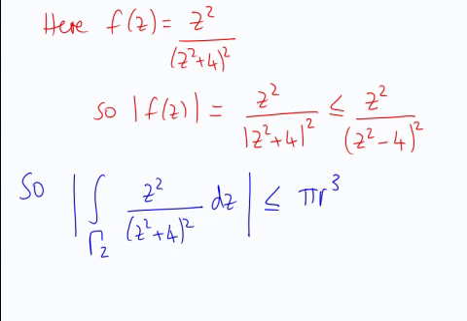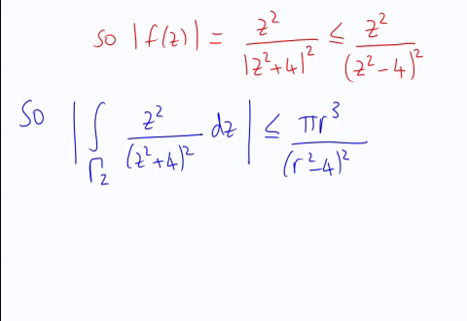And I'm just going to multiply through by the pi r. So I have found an upper bound for that second integral, the integral around gamma 2.